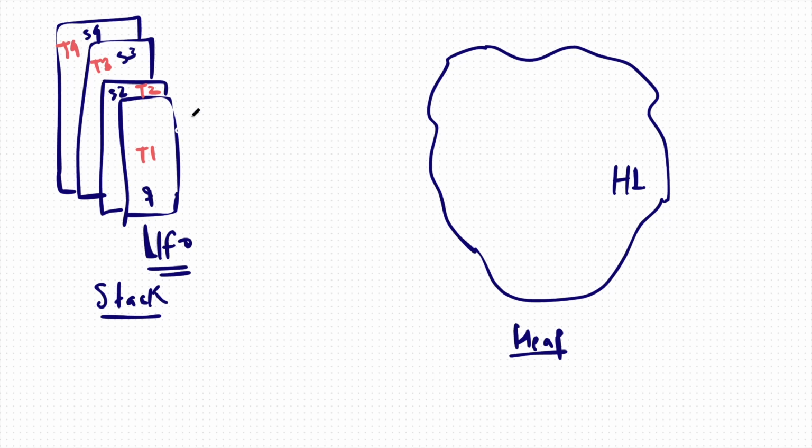But all of these threads, thread 1, thread 2, thread 3, and thread 4, will share the same heap memory. Each will have an individual stack memory, but they will share the same heap memory. This is the major difference between the stack memory and heap memory.